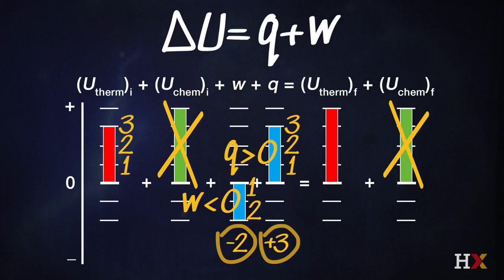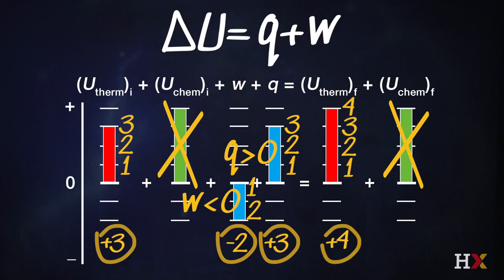So if we have an initial 3 units of thermal energy, we're going to subtract off 2 units because of the work that's being done. We're going to add 3 units because of the heat, and the result is we have 1, 2, 3, and 1 more unit of thermal energy resulting from the difference between the heat added and the work done.